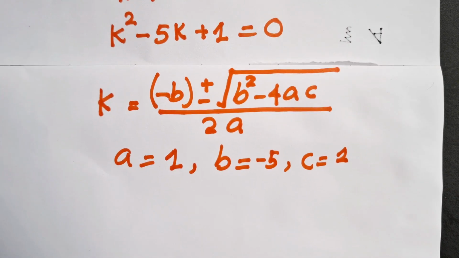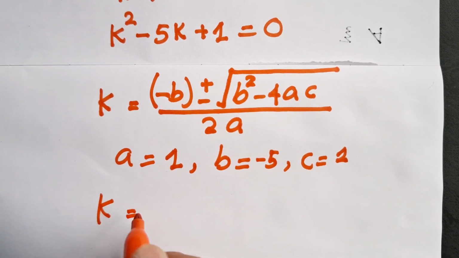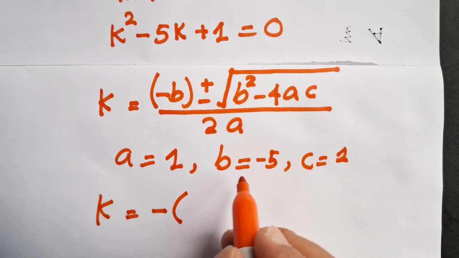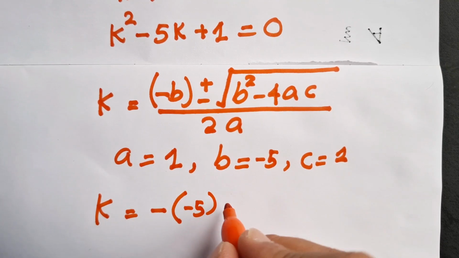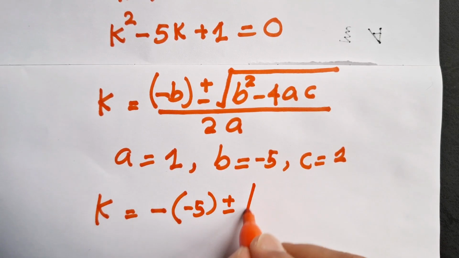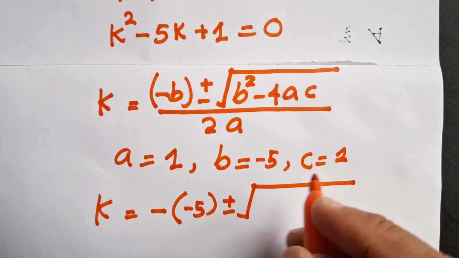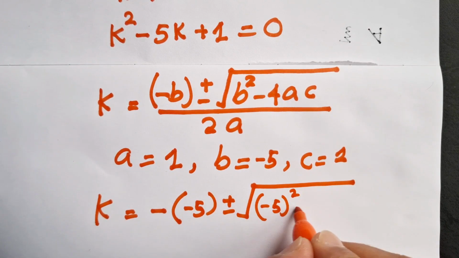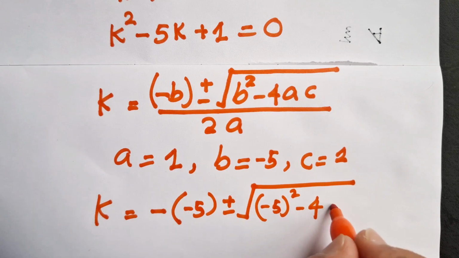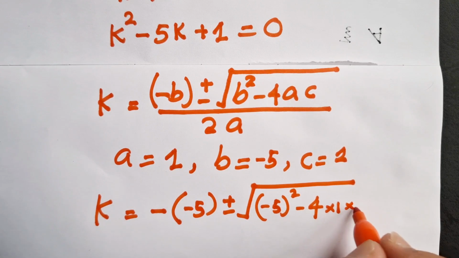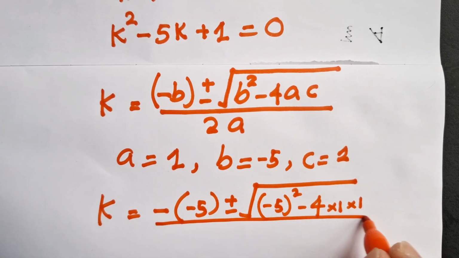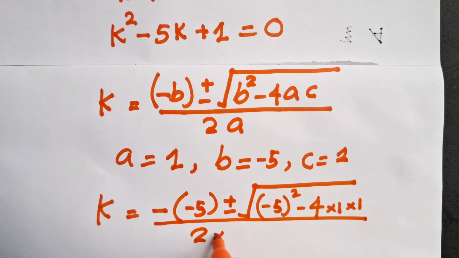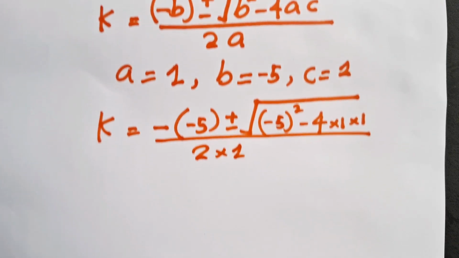So our roots are given by k is equal to minus b, which is minus minus 5, plus or minus square root of b squared, which is minus 5 squared, minus 4 times a, which is 1, times c, which is 1, divided by 2 times a, which is 1.